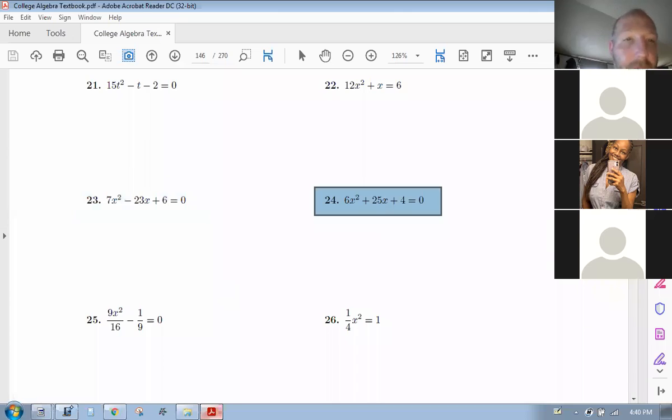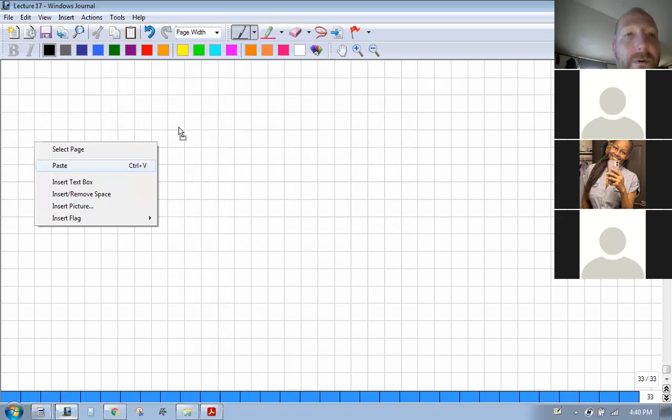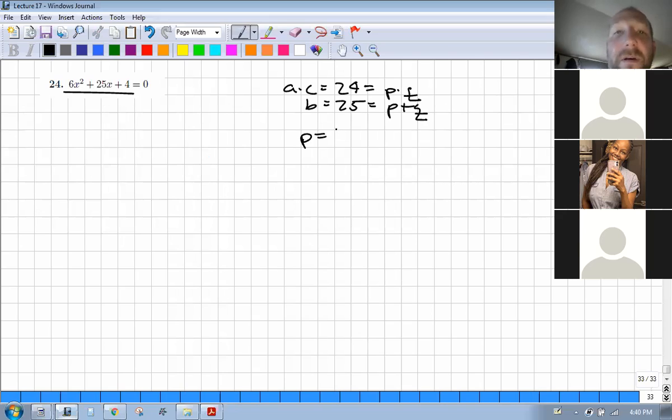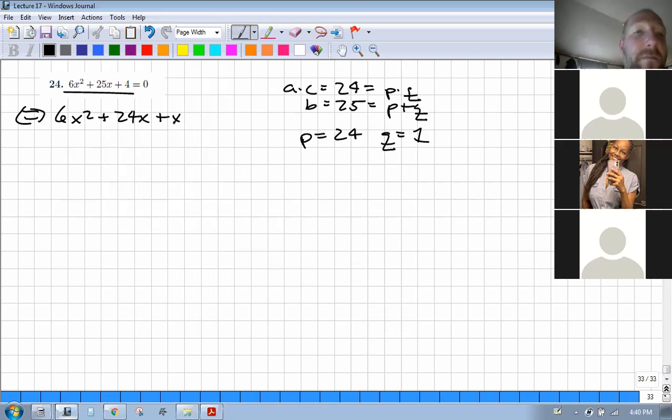Number 24. I can't factor any numbers out of here, so let's go with our trick. 6 times 4 is 24. B is 25. All right, clearly we can do 24 and 1 because they add to be 25. So we can rewrite 25x as 24x plus x.